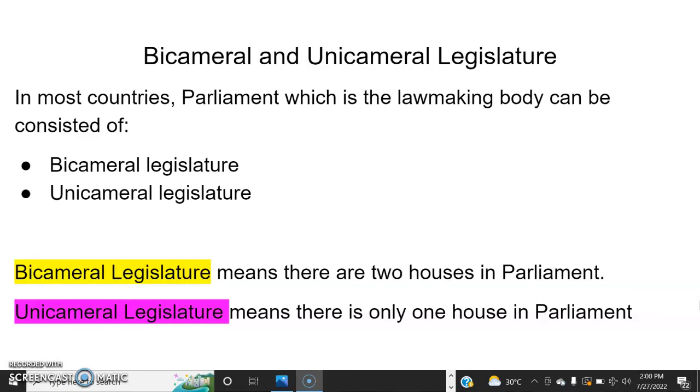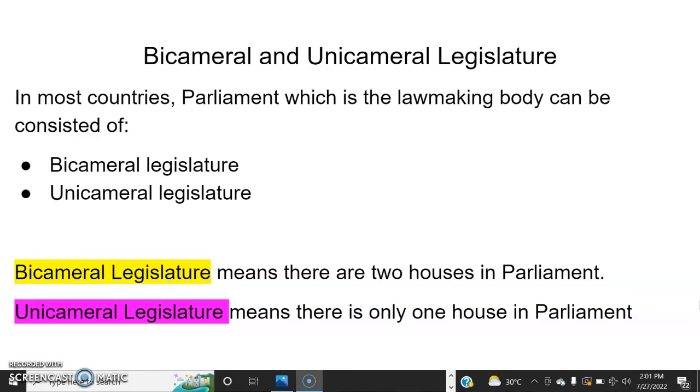So let us recap that quickly. Parliament is the law-making body of a country. In parliament, there is the legislative branch of government, which also deals with making laws, repealing laws, and amending laws. Now, the legislative branch of government in any country can be a bicameral legislature or a unicameral legislature.